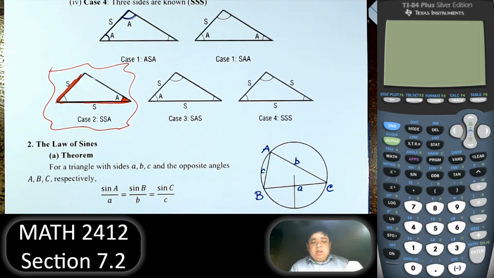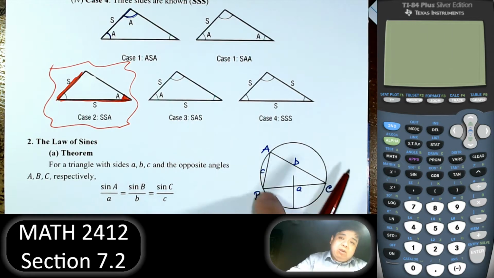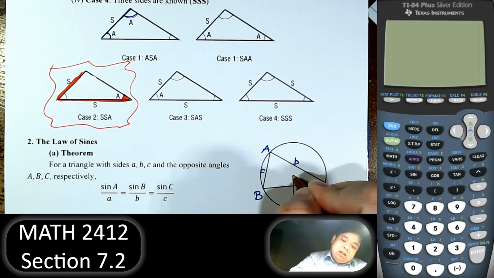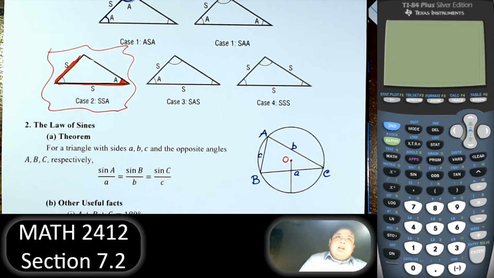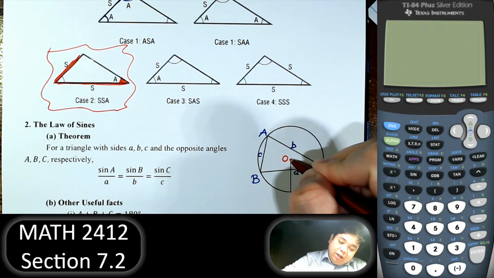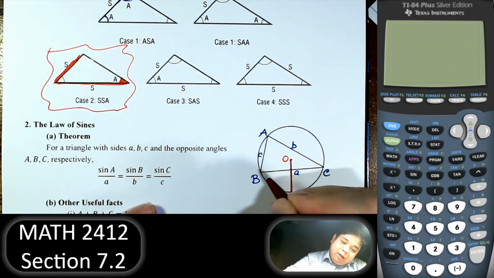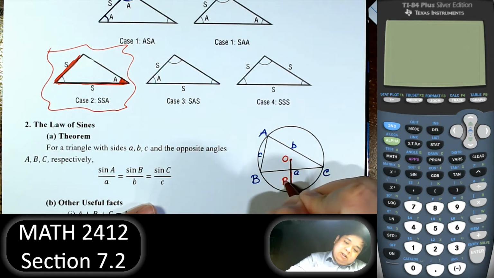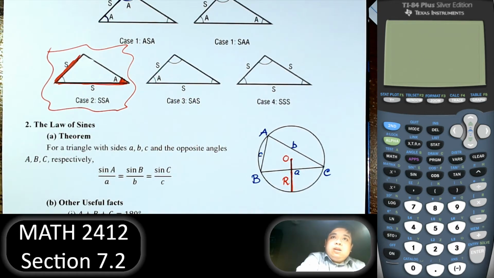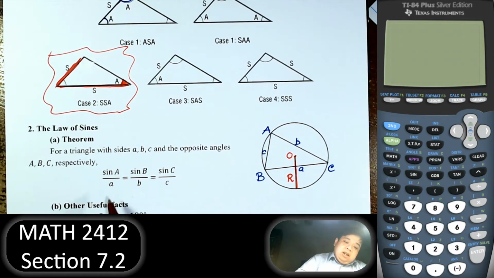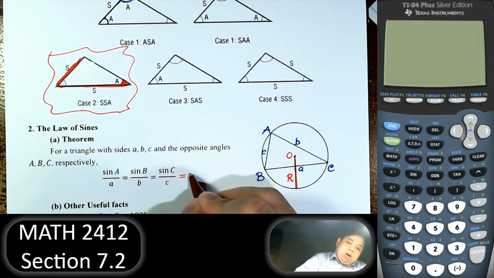Then why do I have a drawn circle? Well, this special circle is called the circumcircle, the circle that goes around all the vertices of a triangle, and that is the circumcenter. The special thing is that the radius of this circle is R, and it can be shown that this ratio is equal to 1 over 2R.